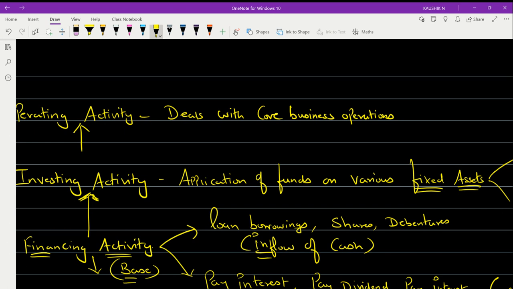Correct? Am I right? Yes, sir. If that is the case, then we should take what their activity is on the whole. They could be providing us a service, or they could be involved in a trading activity.